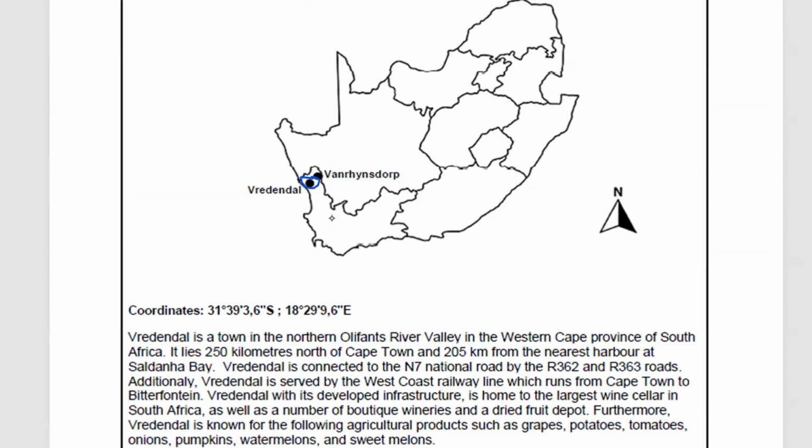This is our Western Cape, and this is the Northern Cape, and this is the Eastern Cape. Right. So we want a province to the west of Vredendal. Automatically, there's no province which is to the west here because we see the west coast, the Western Cape is on the western coast. This is the Atlantic Ocean.